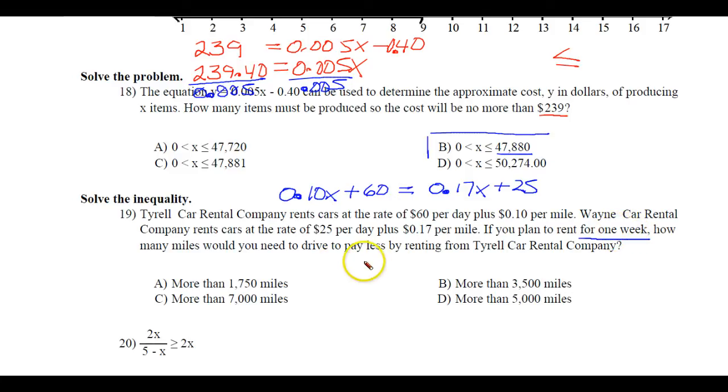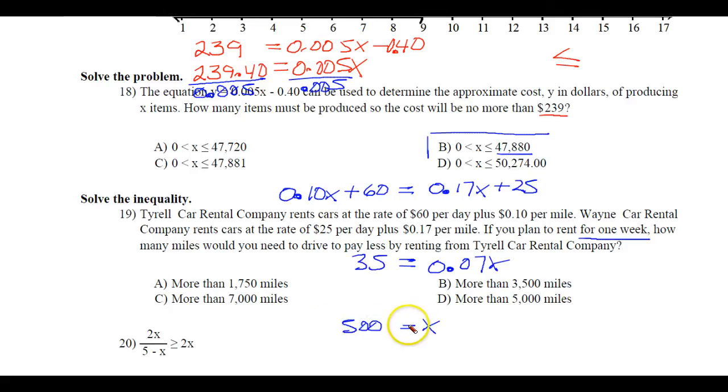So when we solve this, we get 0.07 by subtracting 0.10x from both sides. Subtract 25 from both sides, and we get 35. And then we divide both sides by 0.07. We get x equals 500.